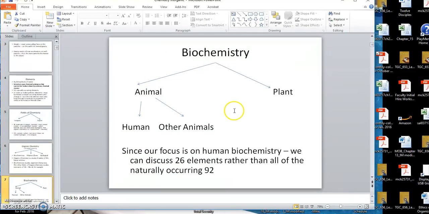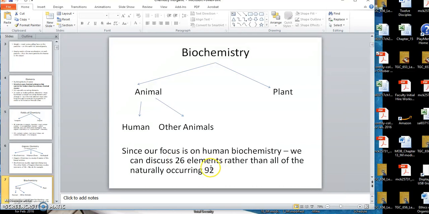Okay. We go further. Under our biochemistry, we're interested in animal because there is a plant biochemistry. When we go to animal, there are a bunch of different animals, as you know. Ours in this course is interested in human biochemistry. Now, there were 92 naturally occurring elements, but when we look at life itself, really we're only involving 26 elements.